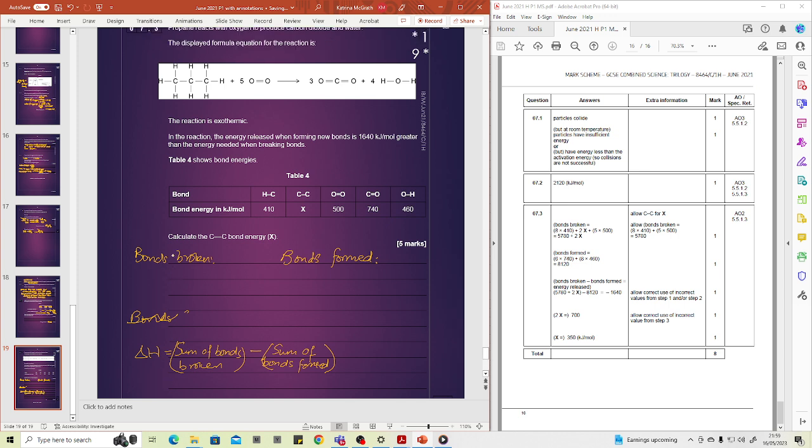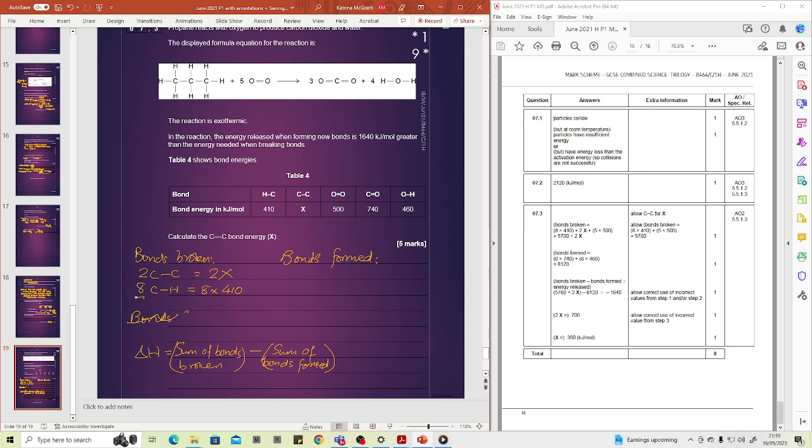Looking at the bonds broken side, we have 2 C-C, so we're going to put 2x. We have 1, 2, 3, 4, 5, 6, 7, 8 C-H, so 8 times 410, which is 3280.